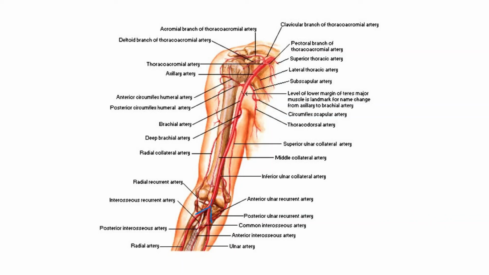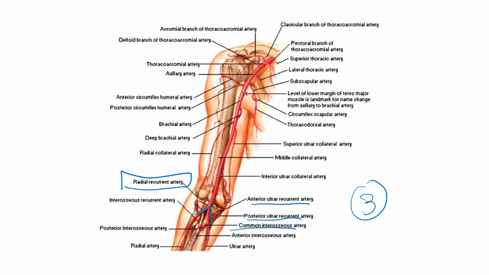The radial artery gives one branch, the radial recurrent artery. In the same way, the ulnar artery gives three branches in the cubital fossa: the anterior ulnar recurrent, the posterior ulnar recurrent, and the common interosseous artery. All these recurrent and interosseous arteries participate in the elbow anastomosis.